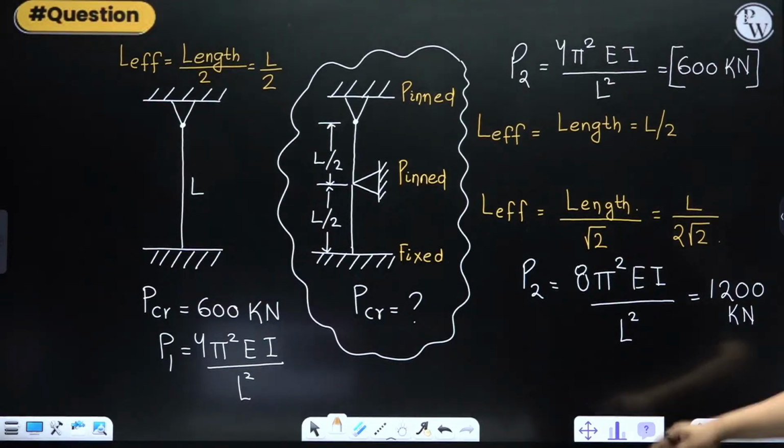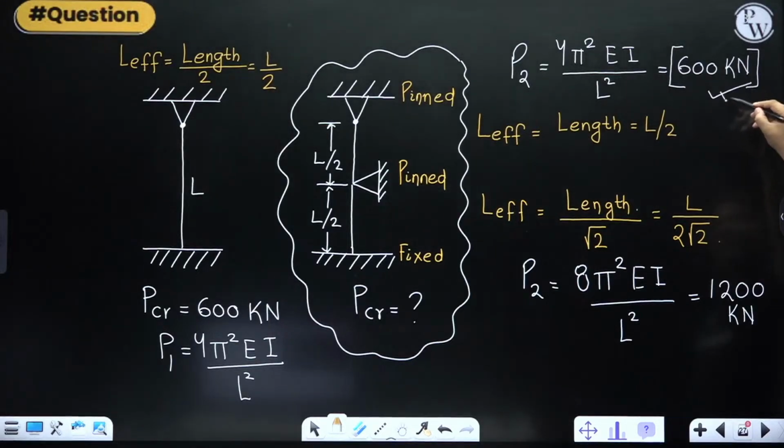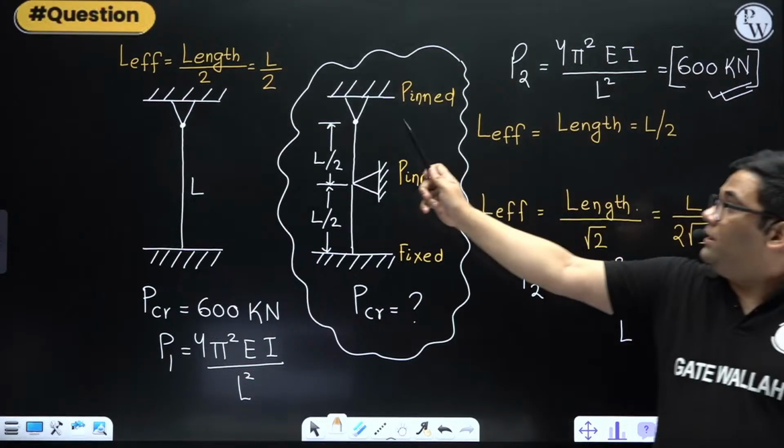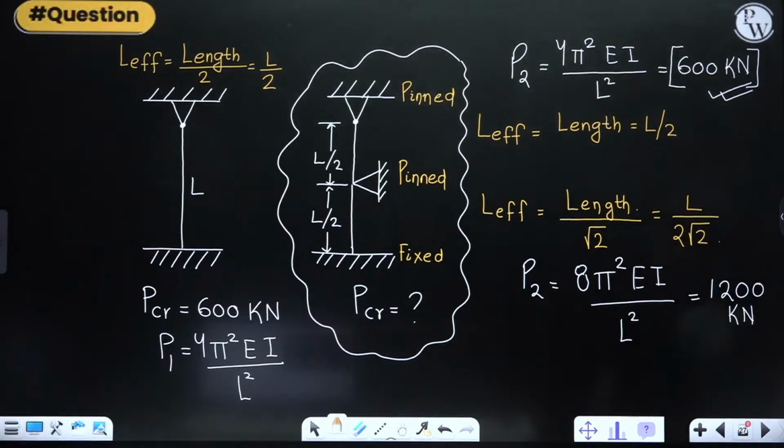Understood this question? So answer won't be 1200. Answer will be 600. Because out of this part and this part, whichever is having the less buckling load will fail first, and therefore that I will report as the buckling load.